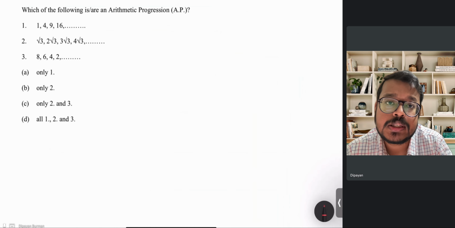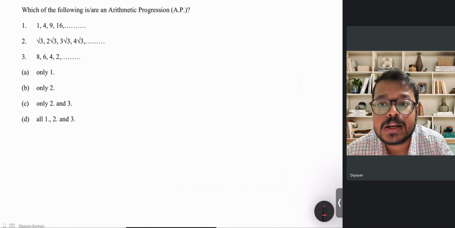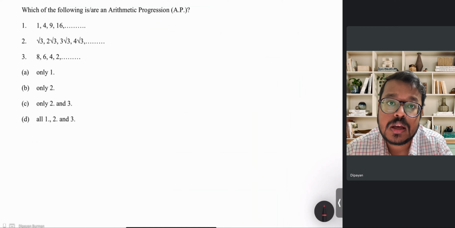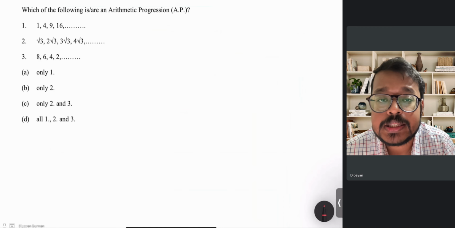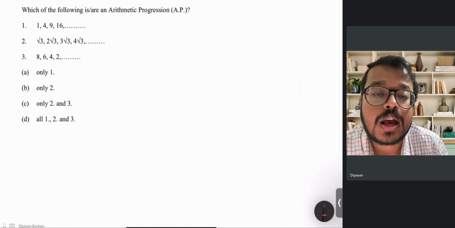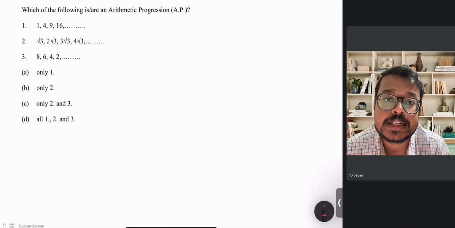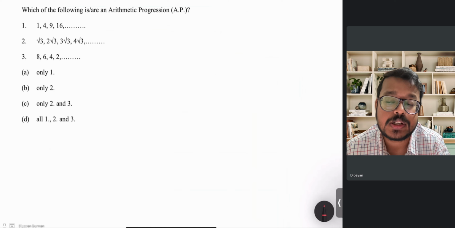So a number series can have any pattern, it can follow any rule, but an AP is a very specific type of a number series. And for a series to be called an AP, I need to check whether the consecutive terms in that series have a common difference.